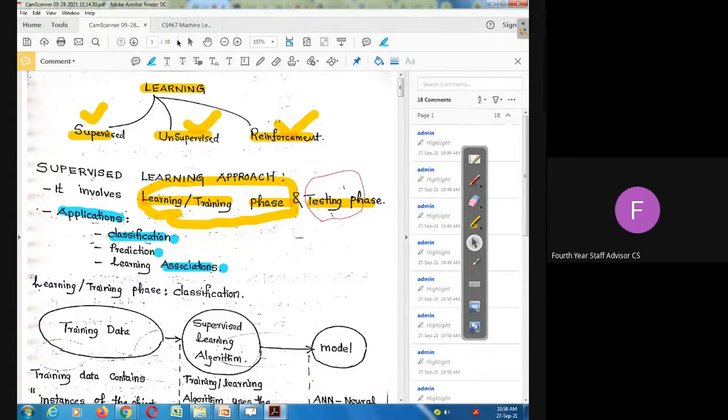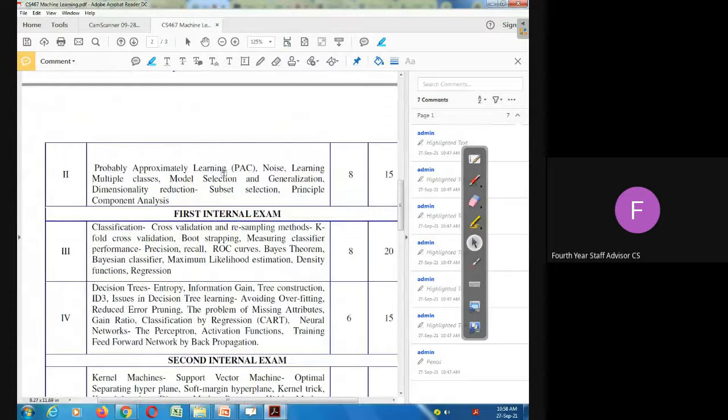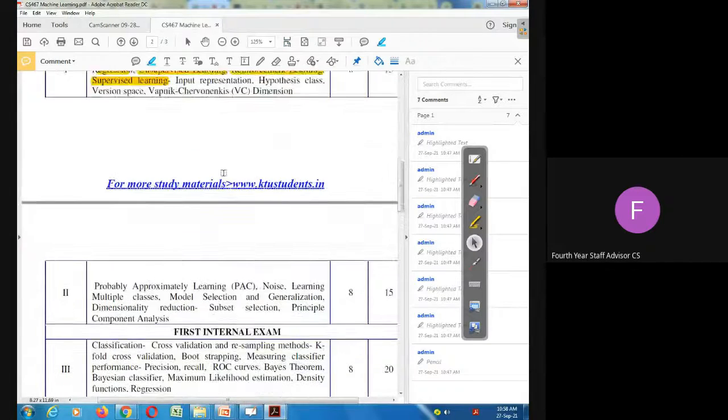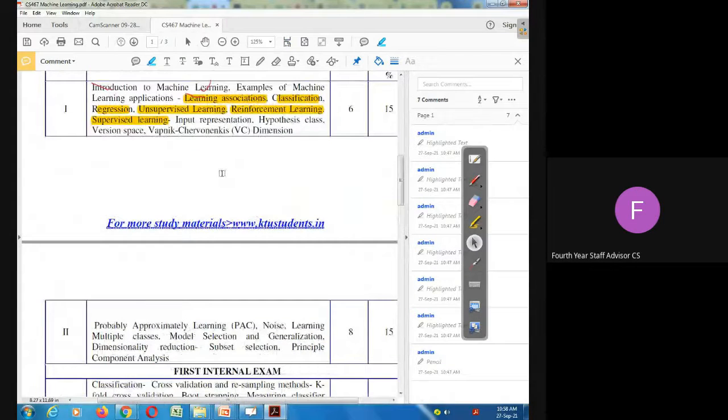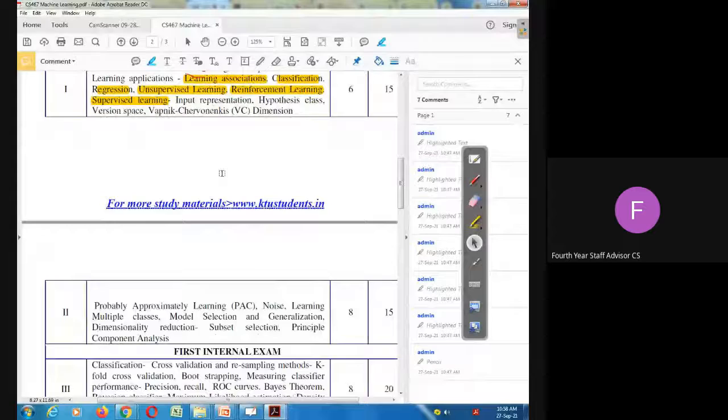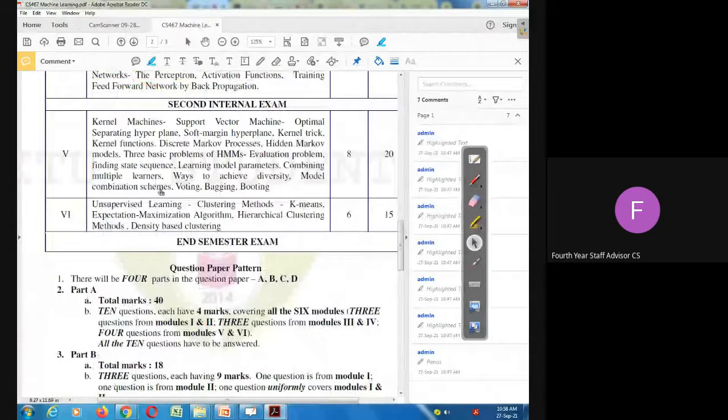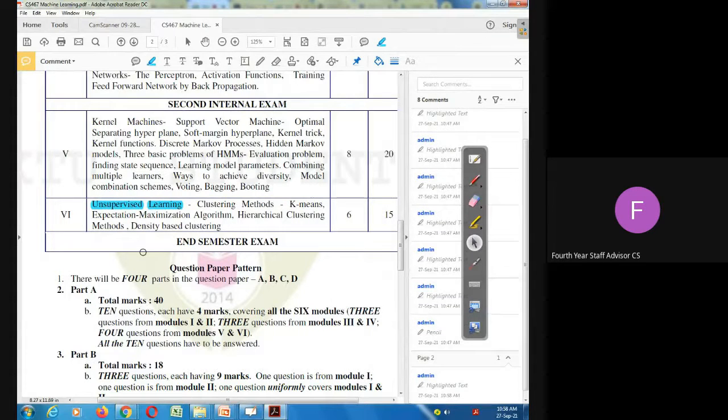In our syllabus we want to mainly focus on the supervised algorithms. In the last module, module 6, we want to study unsupervised learning.